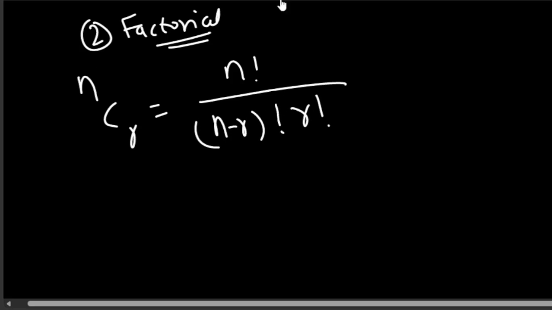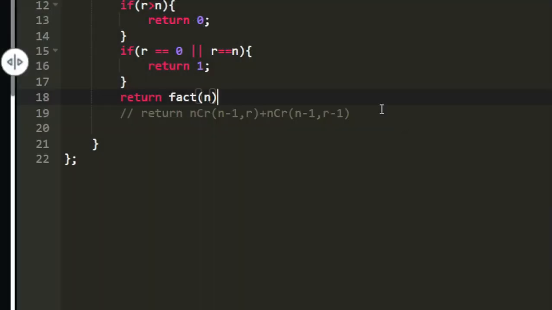So basically I am writing this formula here. So factorial of n divided by factorial of r into factorial of n minus r.